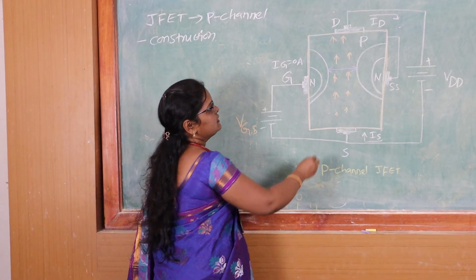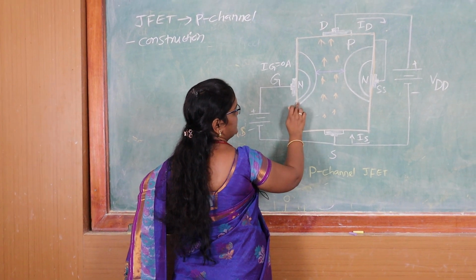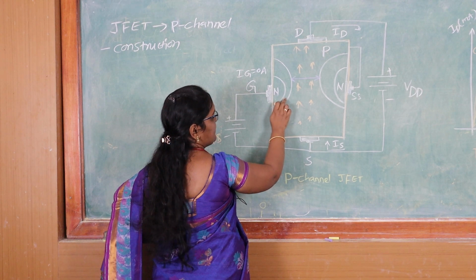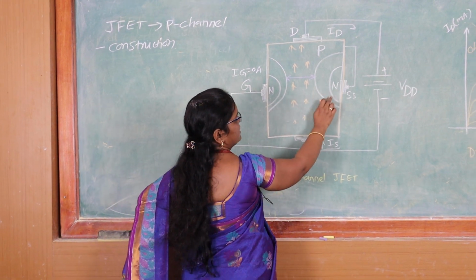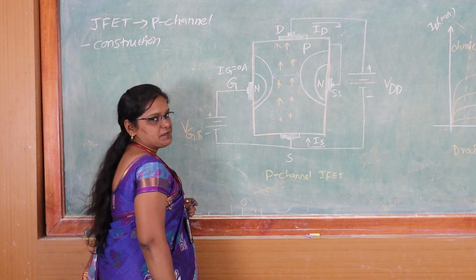If you observe here, the substrate is of P type and the gate terminal is of N type. So there will be an ordinary PN junction here, and here also an ordinary PN junction at the substrate side.